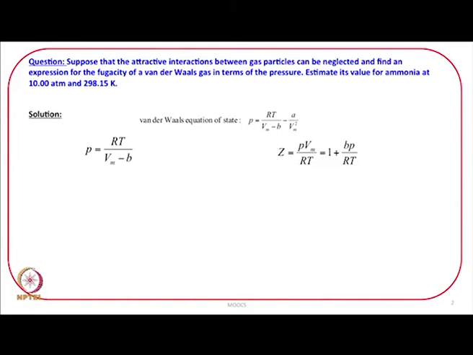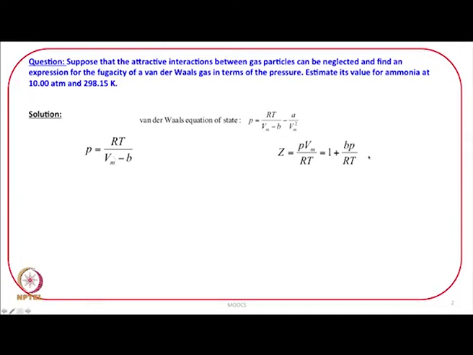and in order to evaluate the fugacity coefficient or fugacity, we need the information on compression factor Z. Z is equal to PVm by RT. If you now manipulate this, P is equal to RT over Vm minus b, you rearrange and get PVm by RT, you will see that Z turns out to be equal to 1 plus bP by RT. It is just by rearranging this.